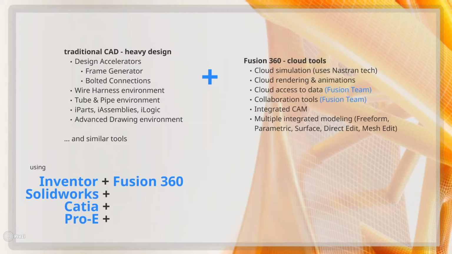It's been developed for many years into that software. Wire harness, tube and pipe, again, these are environments in Inventor that allow you to automate the design process a little bit. Instead of modeling each and every single little thing, you basically tell Inventor where you want the tube and pipe to start and end, and what type of fittings and connections, and it generates and grabs components for you.